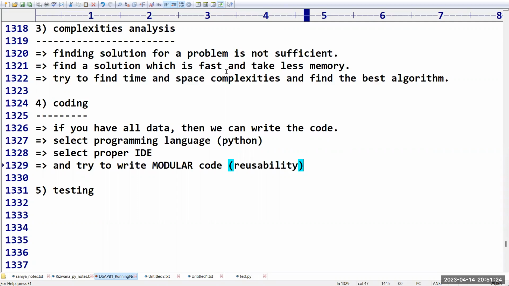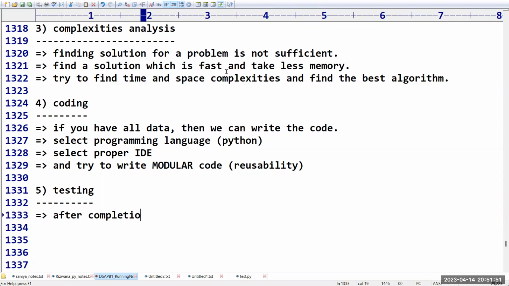I told one theory. No one is going to write 100 lines of code. If such a scenario really exists, we are going to divide it into modules, modules in the sense of functions. This is also very, very important in the coding area. At last, testing, after completion.